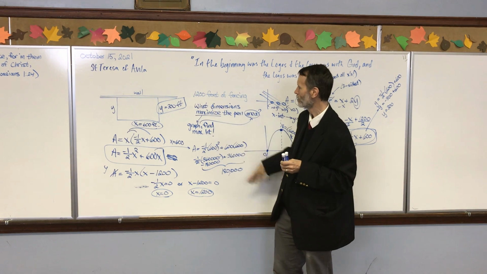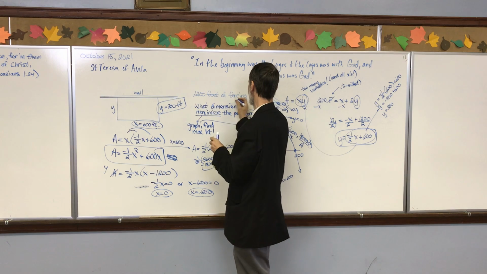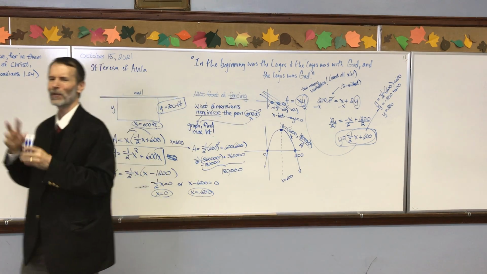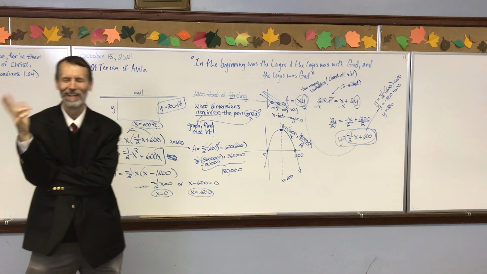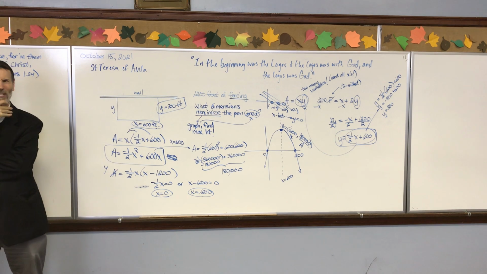After that, they were talking about the amount of fencing. This is actually how to do detective work in a story problem. People get frustrated with story problems for 2 reasons. Number 1, they're in English. They say, just give me a math formula and let me solve it for crying out loud. And the second, which of these pieces of information are useful and which are not?